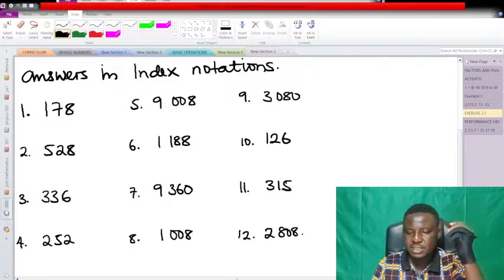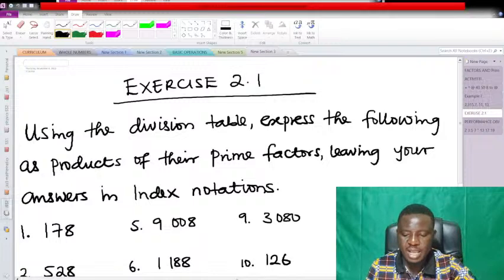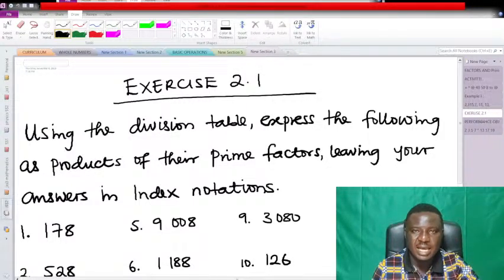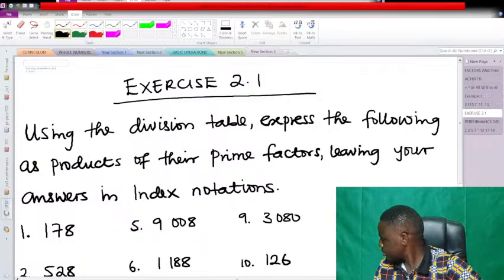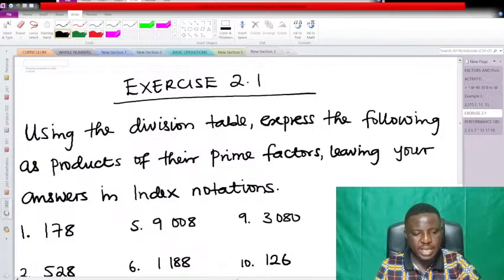Exercise 2.1. I shall be leaving this for you to solve as an assignment, Esther, Sarah. I said, exercise 2.1, using the division table, express the following as product of their prime factors, leaving your answers in index notation.